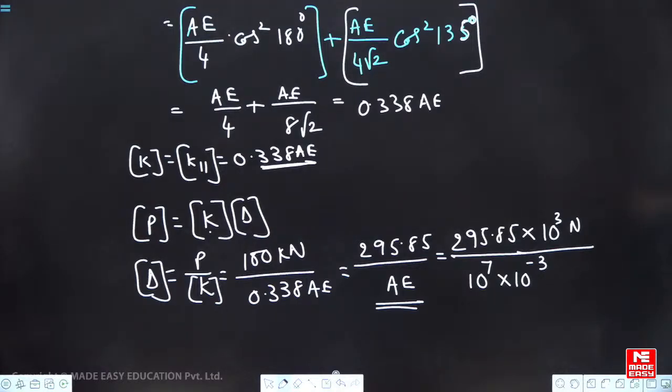So you will get 100 into 10 cube. So this value works out to be 10 to the power of 6 you are getting.